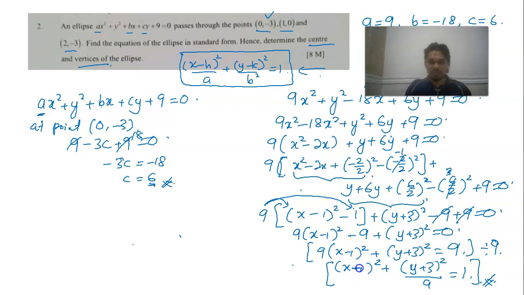The center, here x minus 1, the center equal to 1 and negative 3. Okay. So 1 and negative 3.